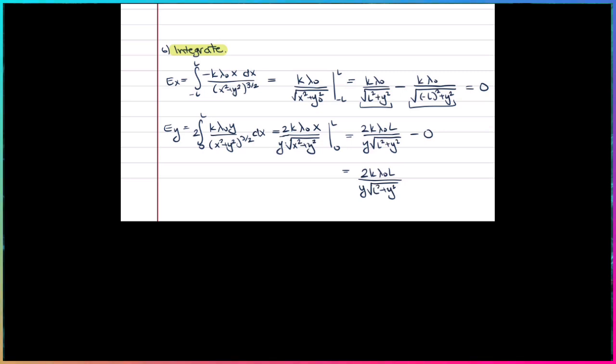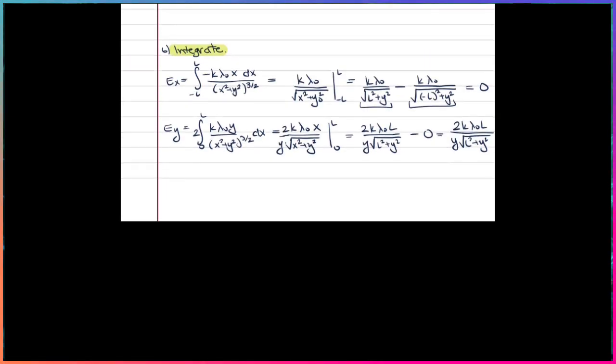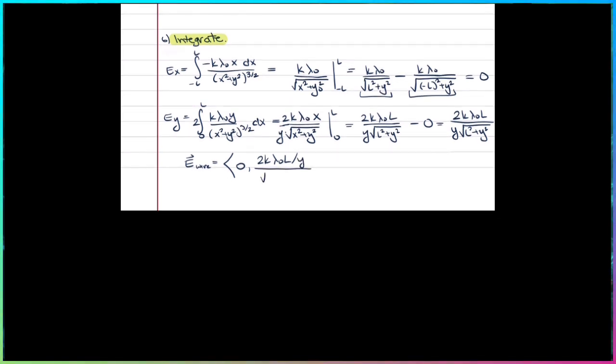Oof. Not the prettiest expression, but if we look at it, indeed it is non-zero, and all these quantities are positive quantities, so at the end of the day, it looks like I have figured out the E field of the wire has no x component, and then is 2k lambda naught L divided by y all over the square root of, oops, L squared plus y squared.